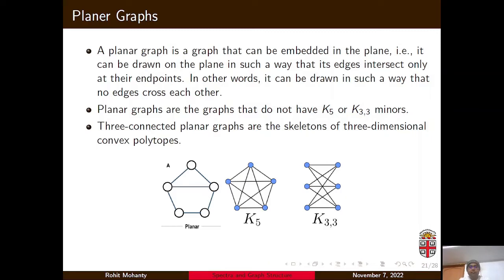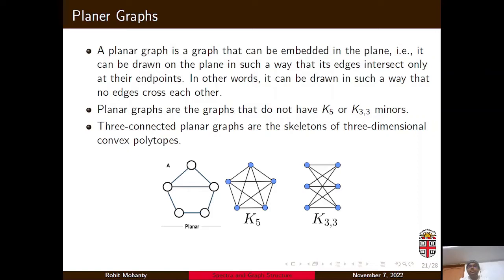Planar graphs are the graphs that do not have K5 or K33 minors. Now, what is a K5? A K5 is a complete graph with 5 vertices, and a K33 is a bipartite graph with 3 vertices on each side.